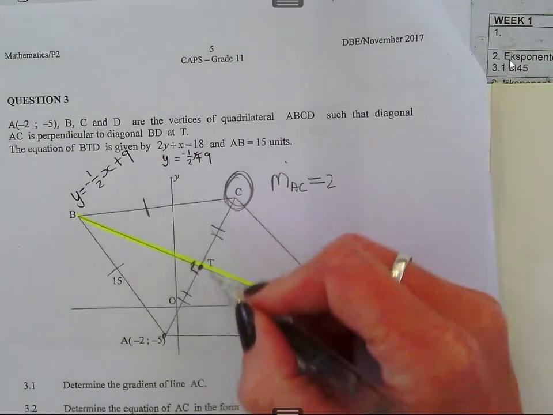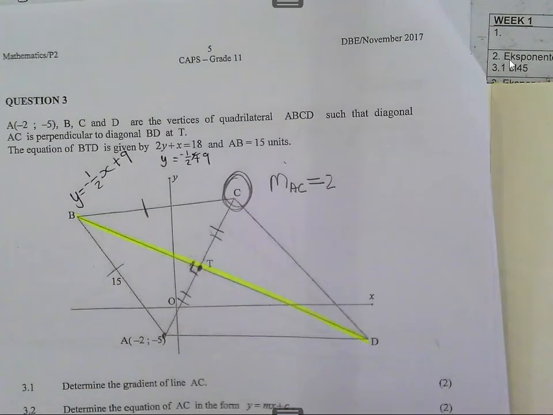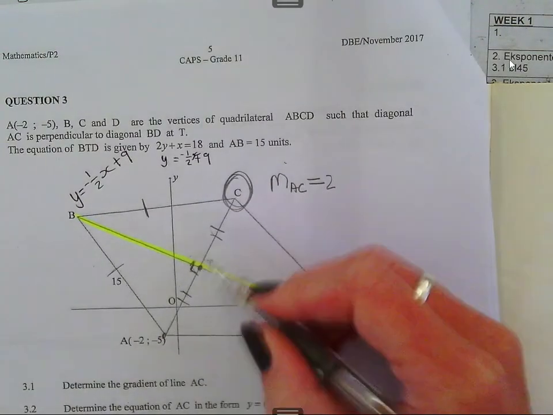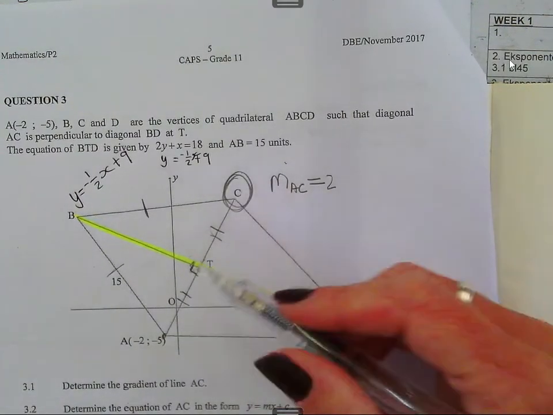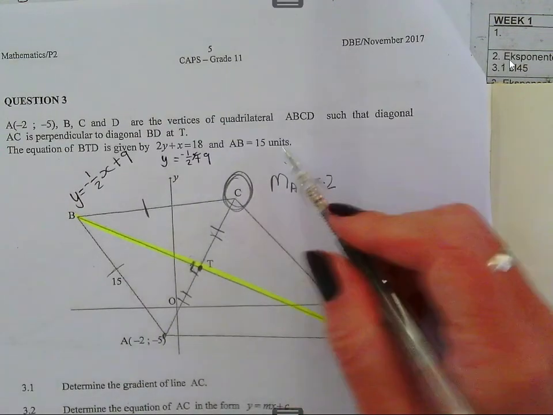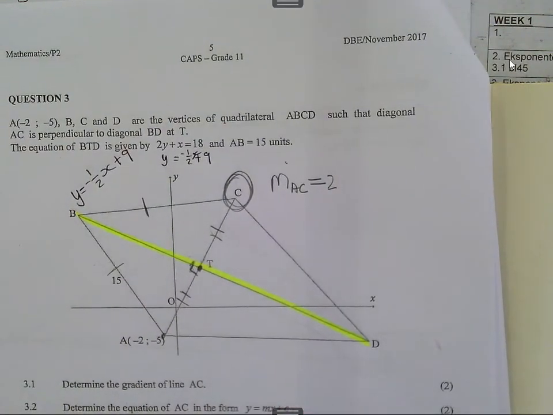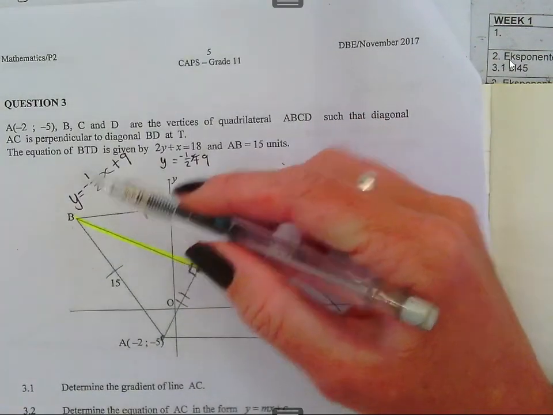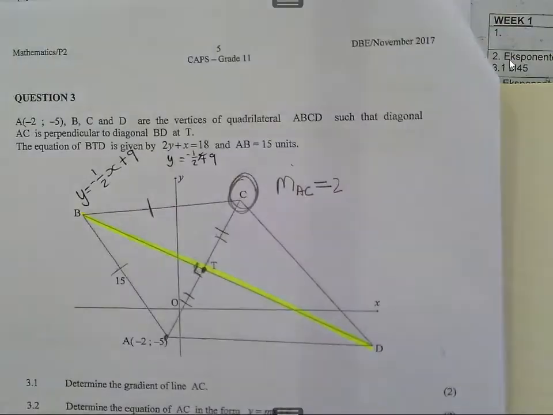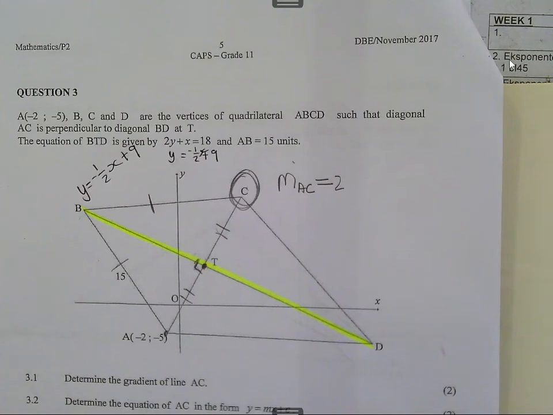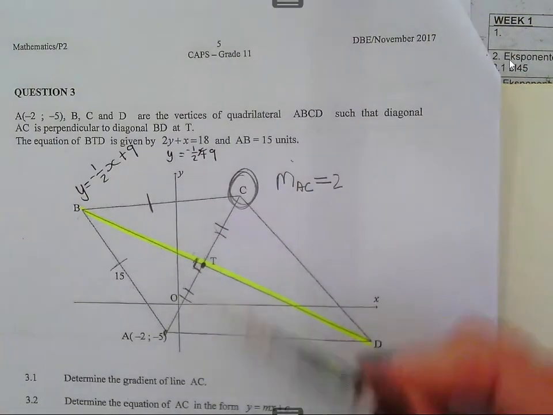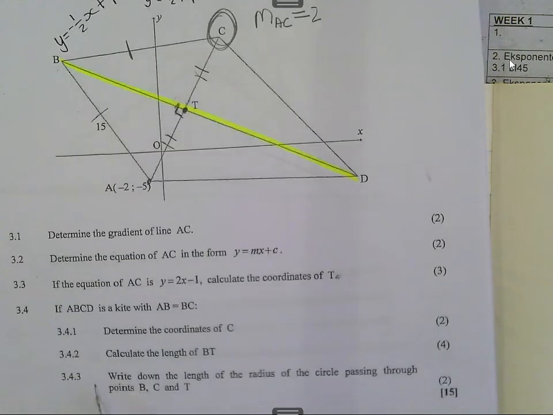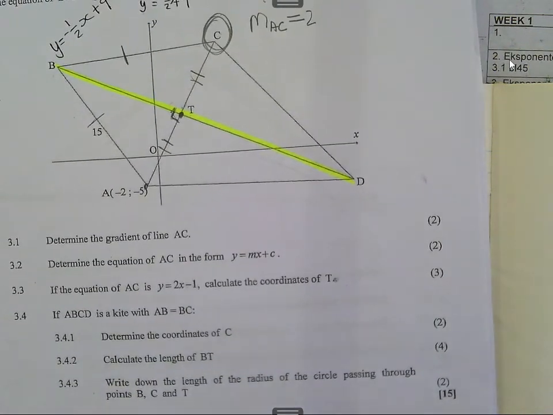Yes, so I have the coordinates of T that I calculated at 3.3, and you can use the long method or you can use the short method where you count it up. Calculate the length of BT. You've got all the information, you've got the coordinates, you can calculate it. You see that 3.4.2 counts 4 marks, so you're going to have to work with that one a bit.